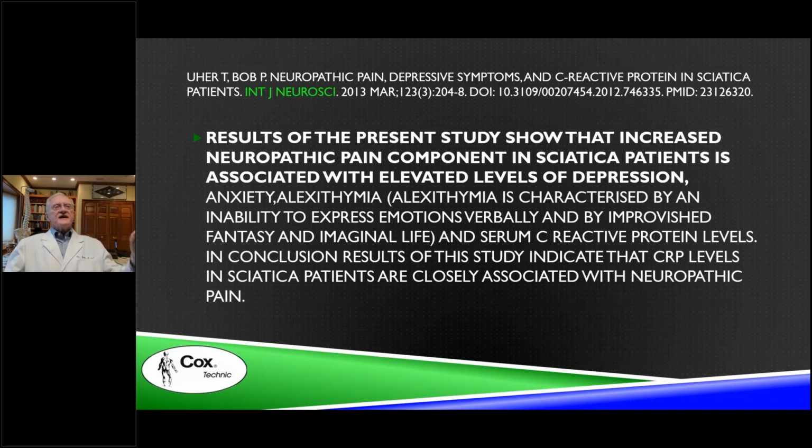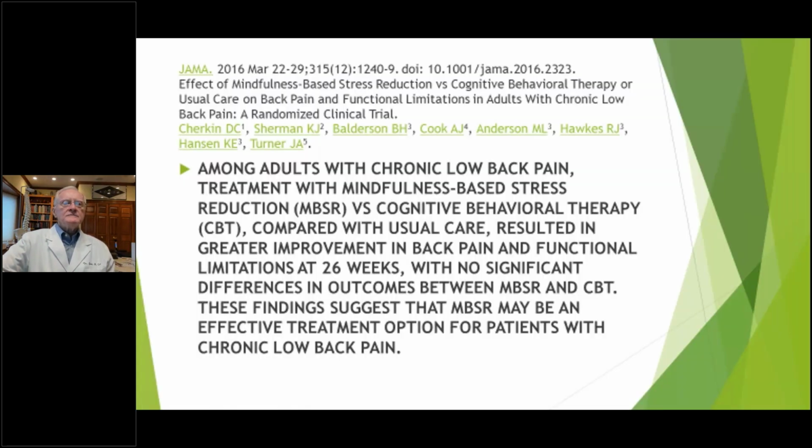Why? Because of the HPA axis, the production of adrenaline, noradrenaline in the adrenal glands, creating hypersympathetic atonia, creating ischemic hypoxia, diminishing the function of the parasympathetic nerves. Among adults with chronic low back pain, what is pushed today?